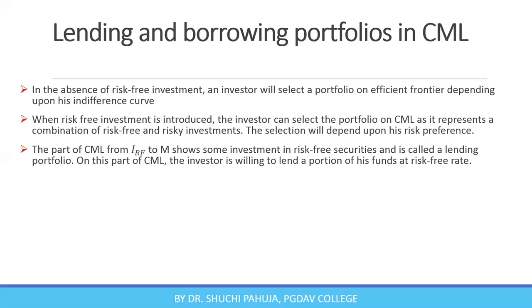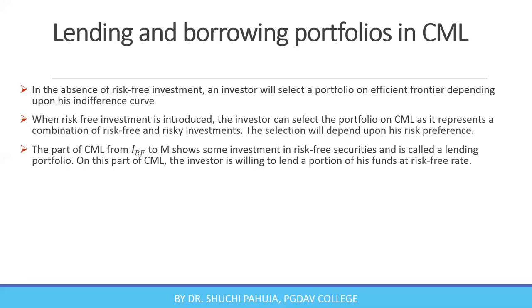And if your portfolio consists of risk-free and risky securities, your portfolio is termed a lending portfolio, right? So a lending portfolio is one where the investor is investing in both risk-free and risky securities. Why is this termed lending? Because in CML, investment in risk-free securities is taken as lending at the risk-free rate, right?